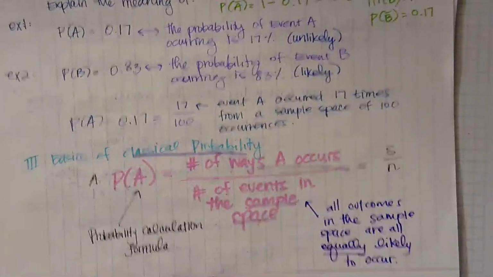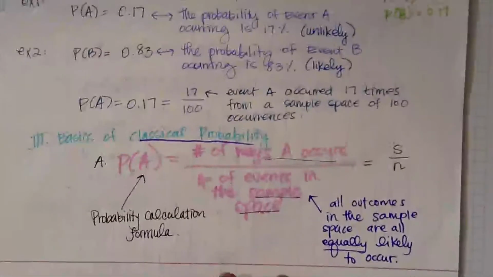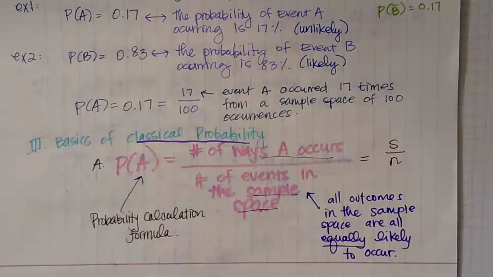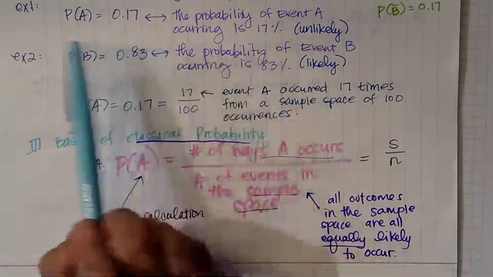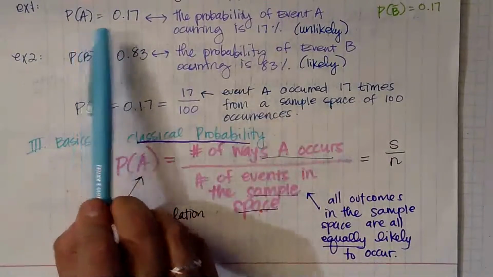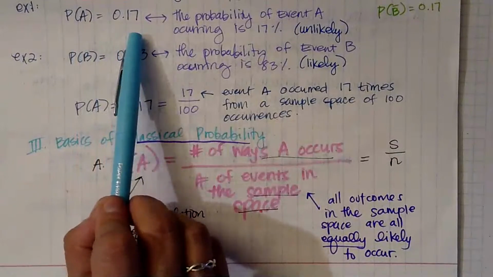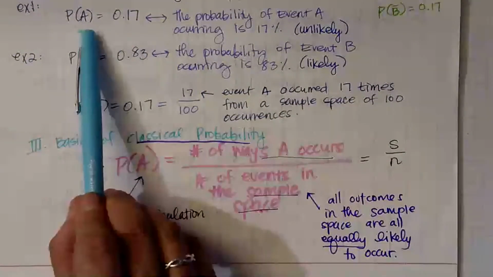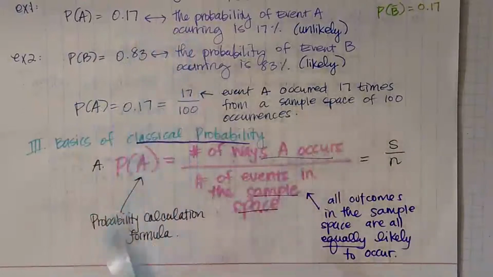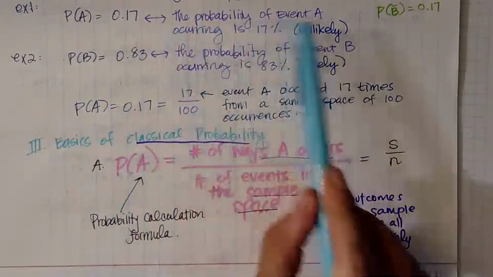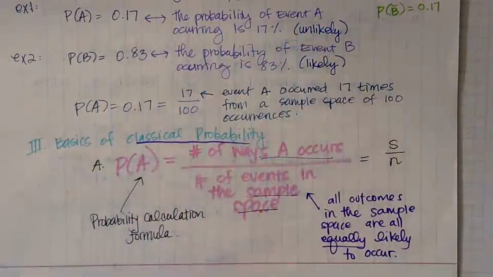All right, so now let's look at this here. I'm just giving you some examples that will help us read the notation and recognize what these numbers are. So P of A equals 0.17. What this means is the probability of event A occurring is 17%.